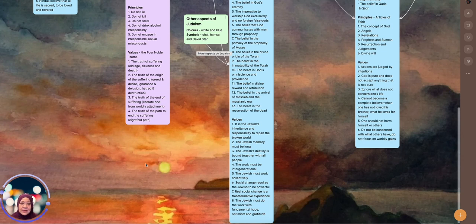So number 1, it is the Jewish inheritance and responsibility to repair the broken world. So for Jewish people, they look at the world as if the world belongs to them. So if, let's say, there's something that needs to be repaired, it is their responsibility.